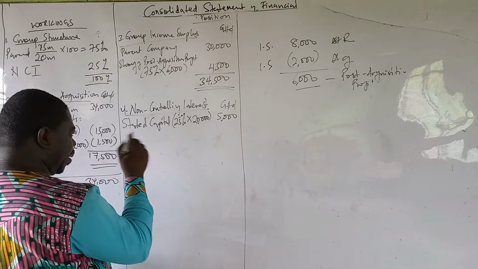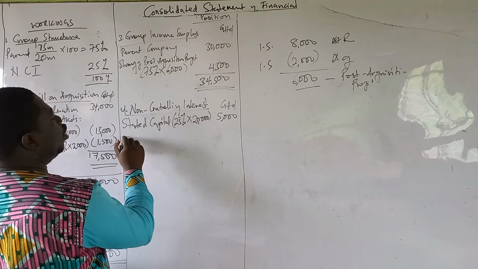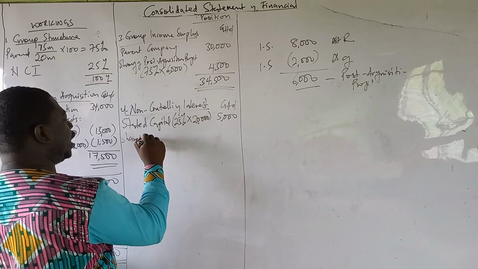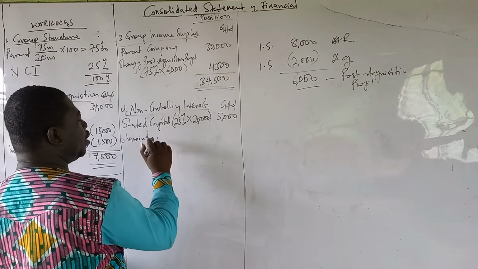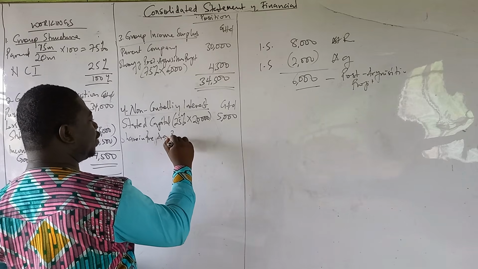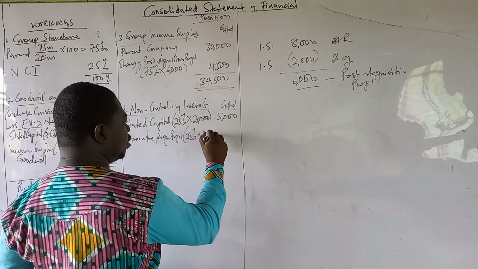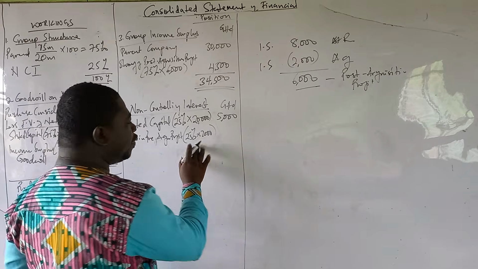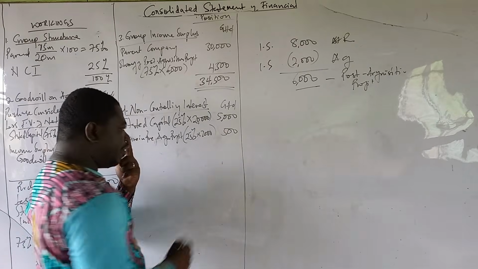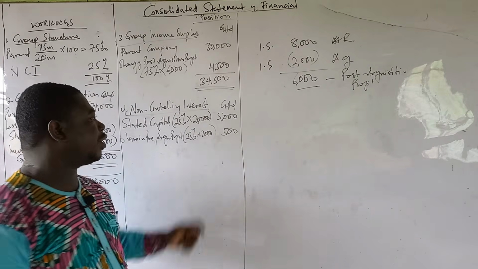But I want to split it and I'll use it to explain something to you. So their share in pre-acquisition profit will be 25% of 2,000, which gives us 500.